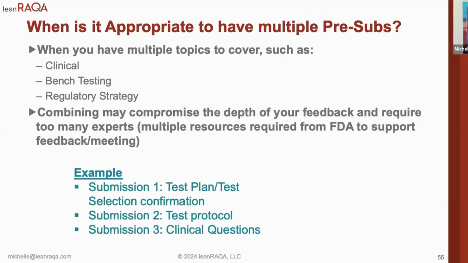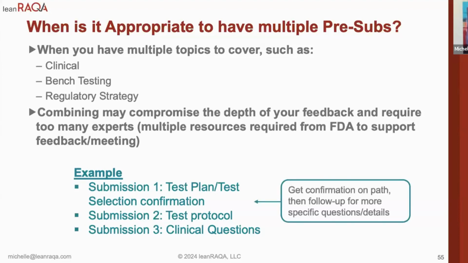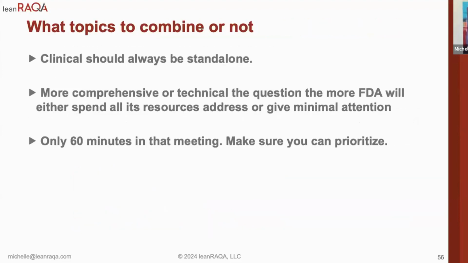And then I would do clinical questions in a totally separate PreSub. I would typically not put clinical with any other type of question because it requires such specific feedback from the FDA reviewers and a specific group that I would keep that one segregated from the other types of questions I'm asking.